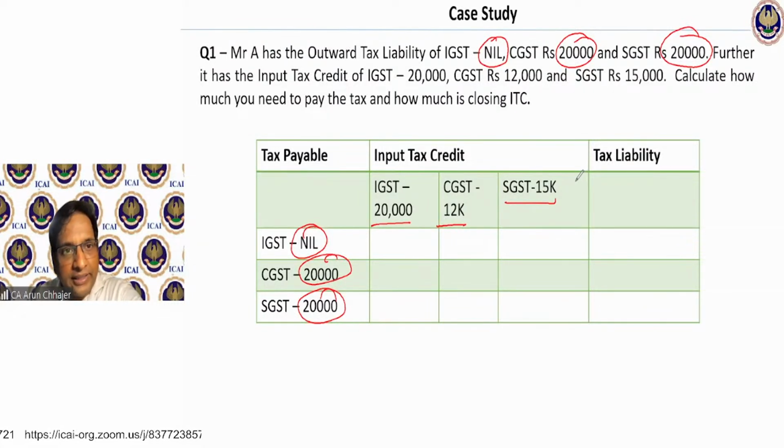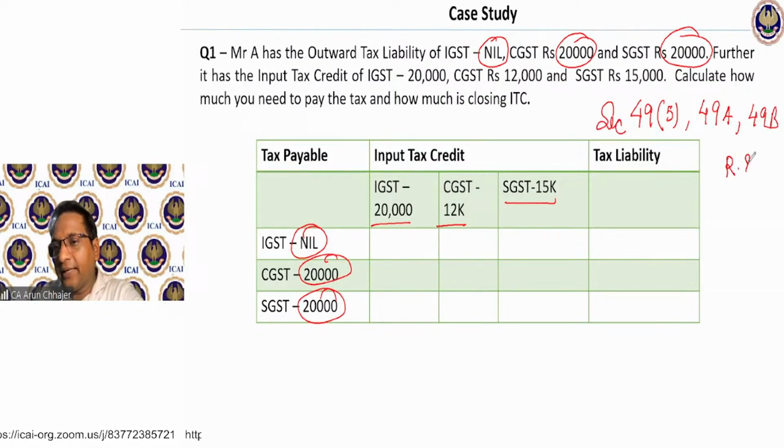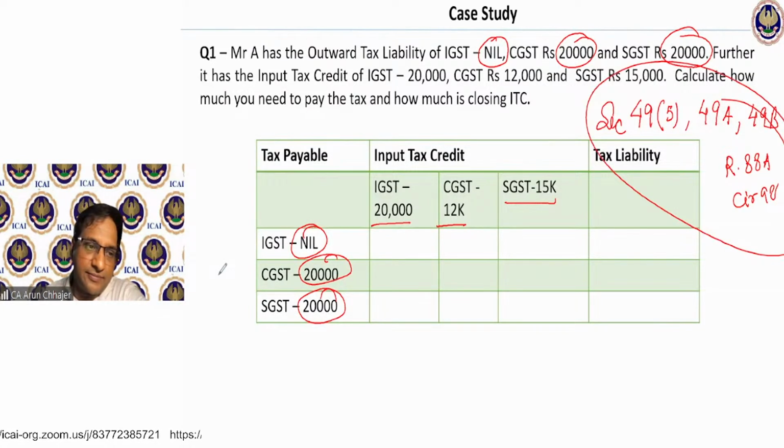Now my point is we need to do the cross utilization, in which I will explain section 49 subsection 5, 49A, 49B, then rule 88A and circular 98. Combining all the things, I am explaining the provisions.